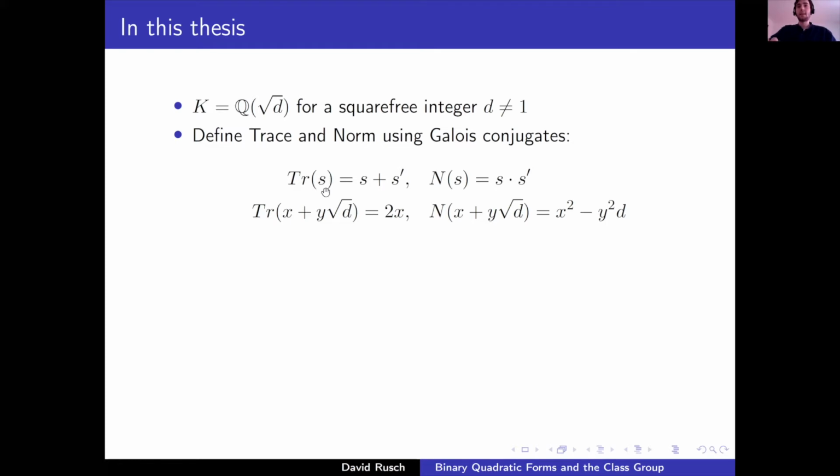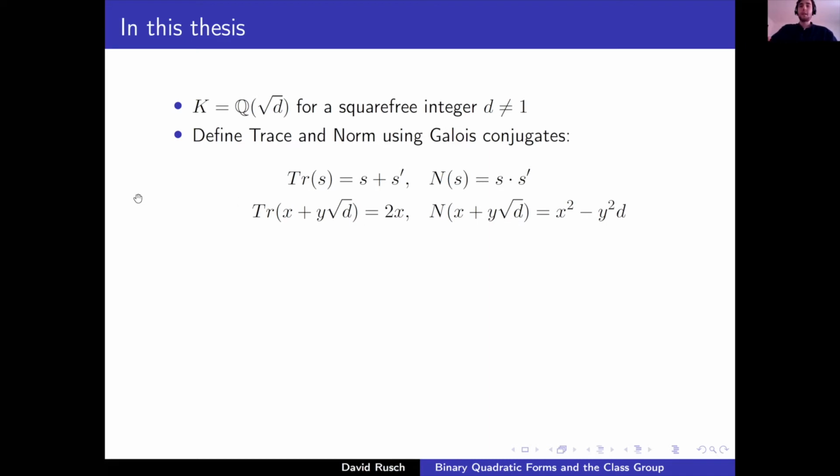For any element s in this field, we define the trace to be the sum of itself and its conjugate, and the norm is the product of s and its conjugate. So trace is an additive function, norm is a multiplicative function, and we can actually express trace and norm explicitly.